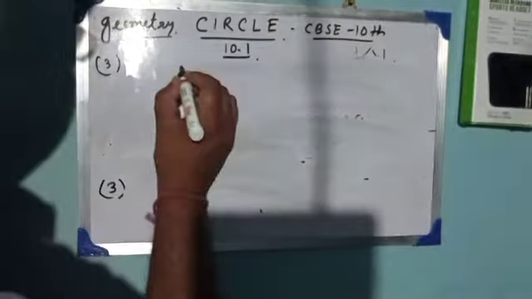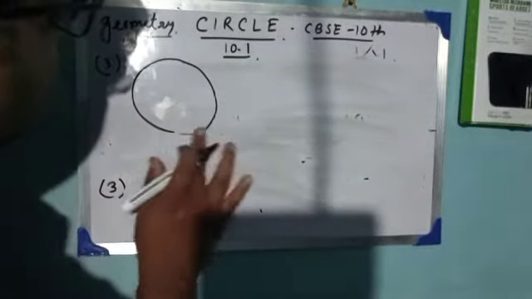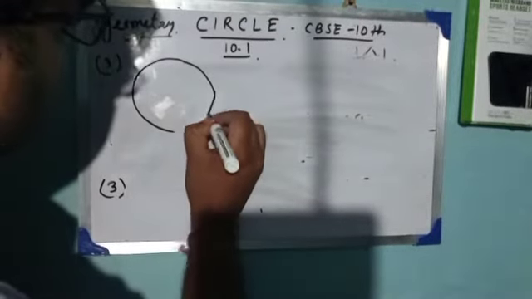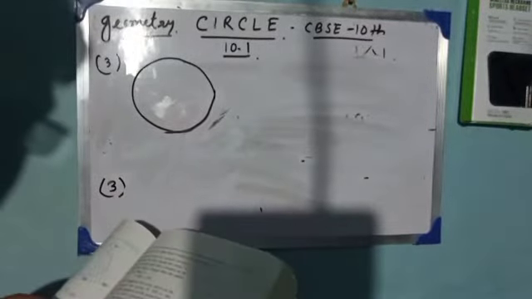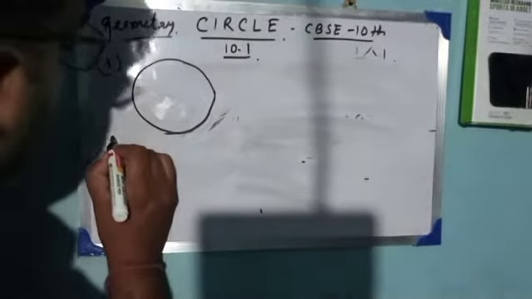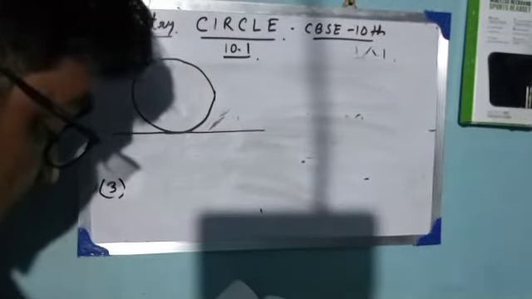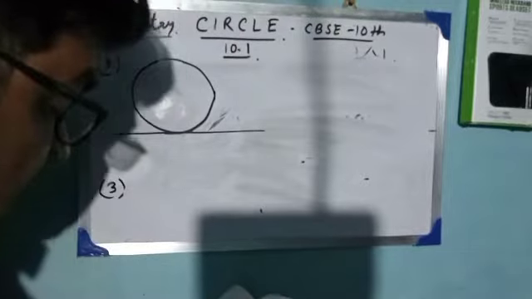So I am drawing a circle over here. This is the circle, and a tangent PQ at a point P.